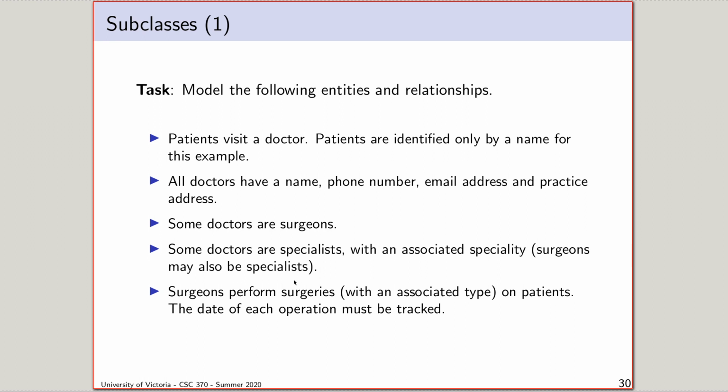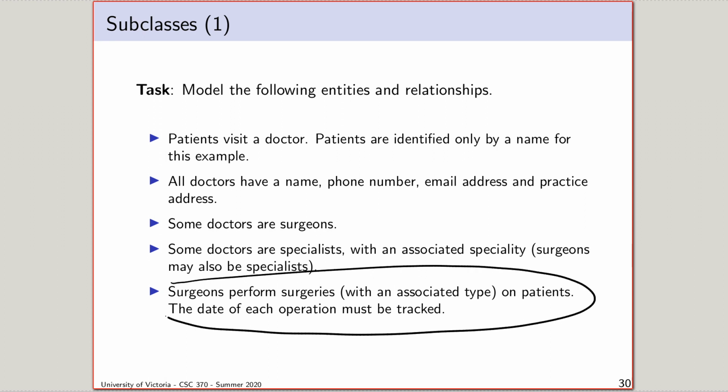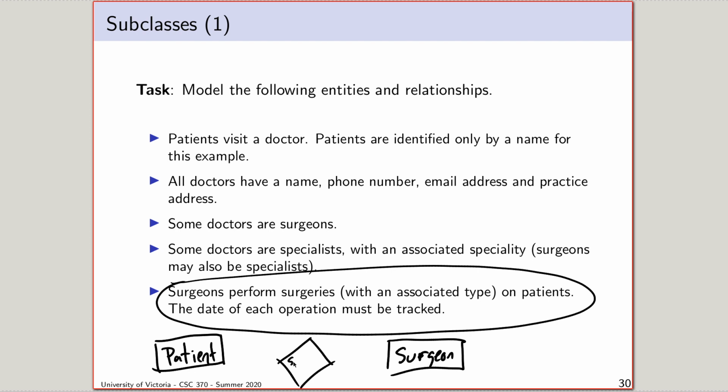But here's the issue that creates, I think, the most trouble for us. Surgeons perform surgeries on patients, and we keep track of the date of each operation. Now, you can already in your head maybe think, okay, so surgeons perform surgery on patients. The surgery itself has a date. And you think, well, if that were the only constraint I had to worry about, it sounds a lot like surgery is a relationship between surgeon and patient.